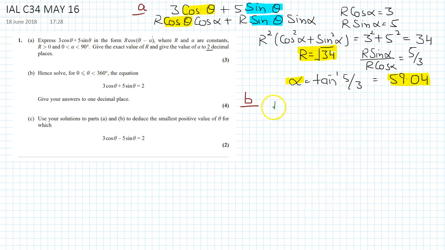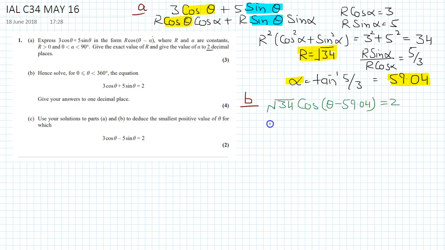R is root 34, cos(theta minus 59.04) is equal to 2.